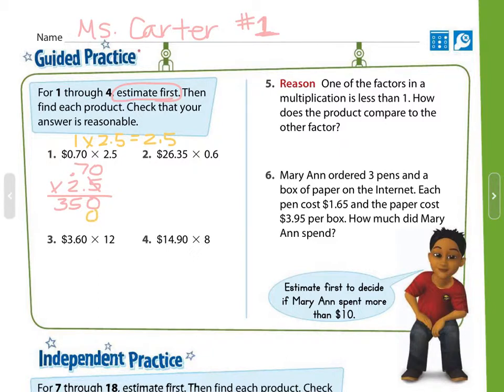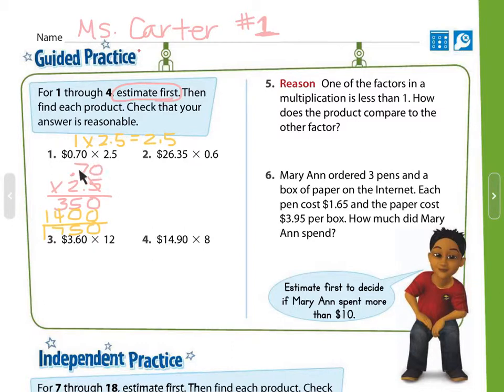2 times 0 is 0. 2 times 7 is 14. Add that up. And I'm running out of room. 5, 7, and 1. Okay, now let's look back up at our factors.